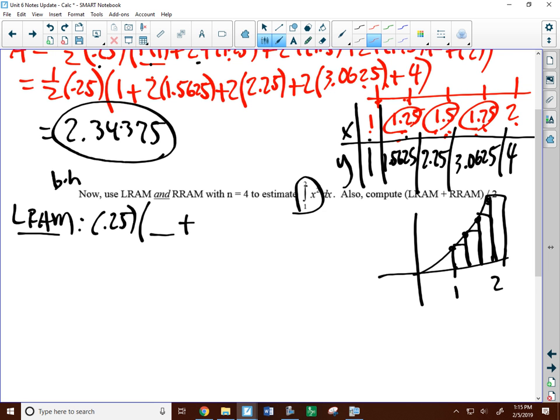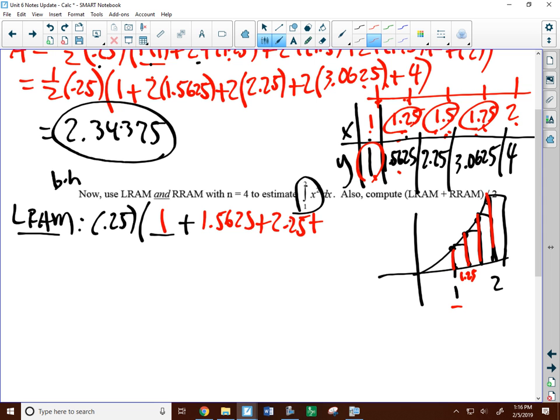They're up here. So remember, if it was left RAM, my first height is at 1, and the height at 1 is 1. See, I'm looking right here. Then the next one is the height at 1.25 for this rectangle, and that's this y value, 1.5625. The next rectangle is the height of 1.5, which is 2.25.